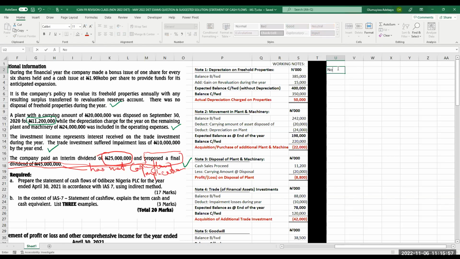Note 6, ordinary share capital. And let's pick it one by one.